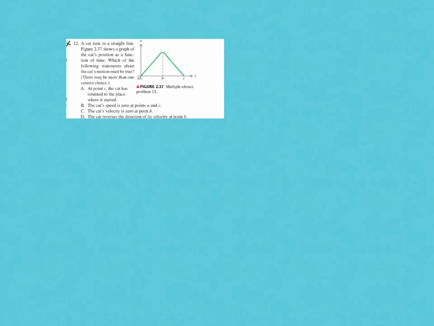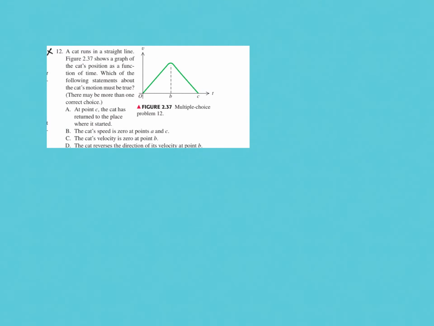Please read the questions, stop the video, and come back. Okay, so now we are going to answer these questions. This is the graph. As I always say, you pay attention to the graph. It's v versus t, so the change in v is acceleration.